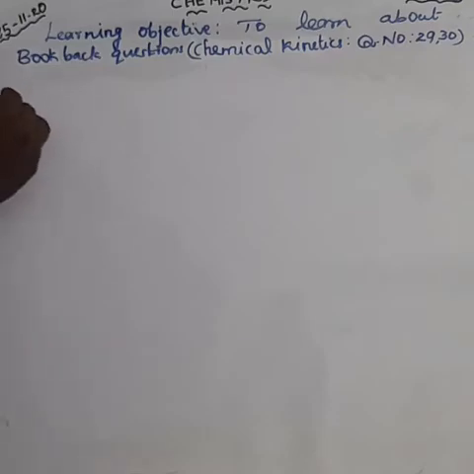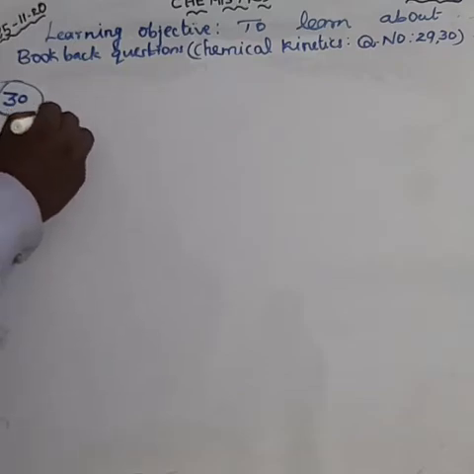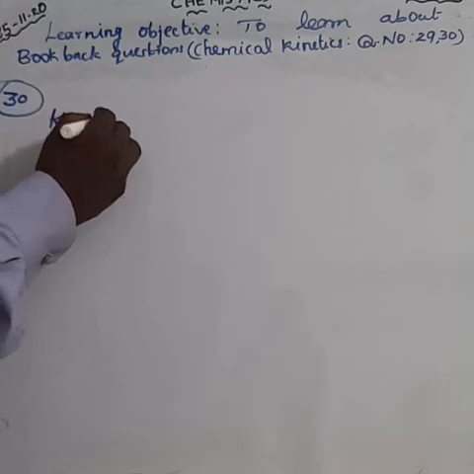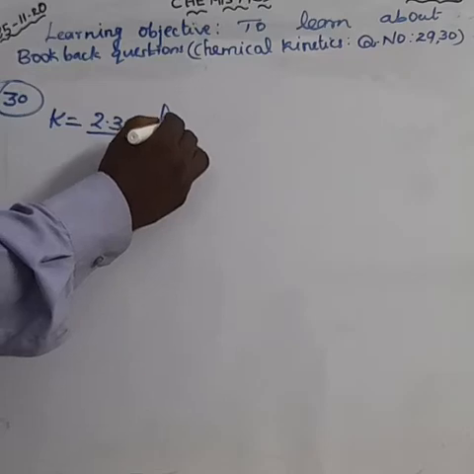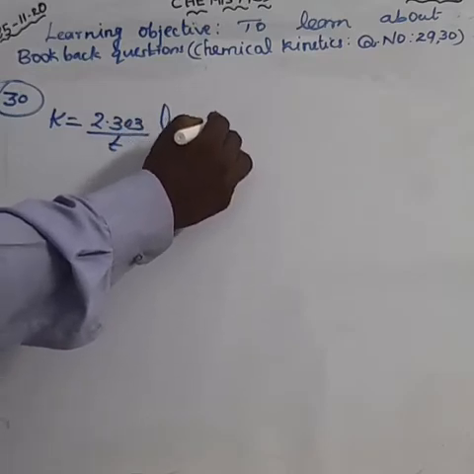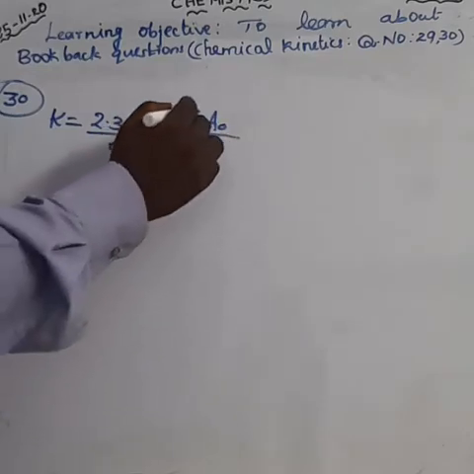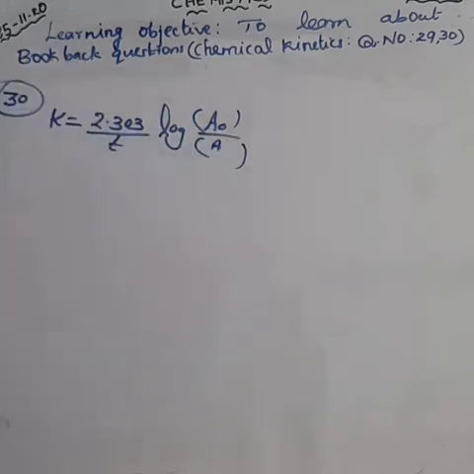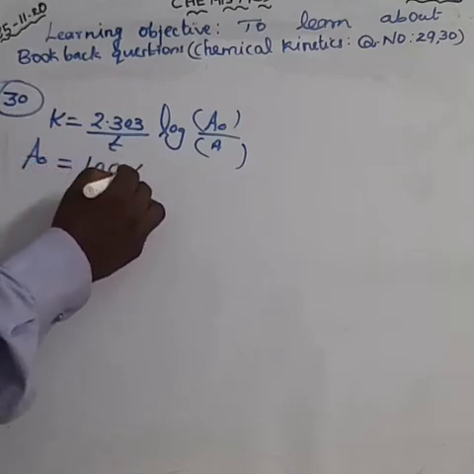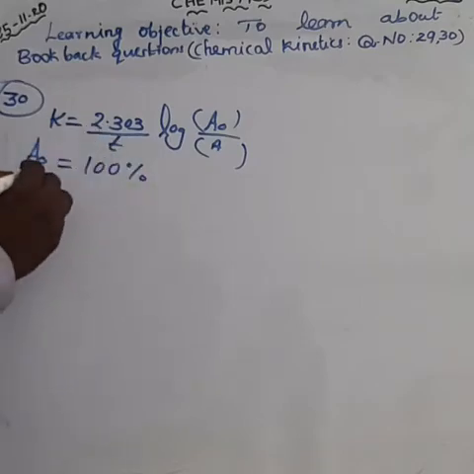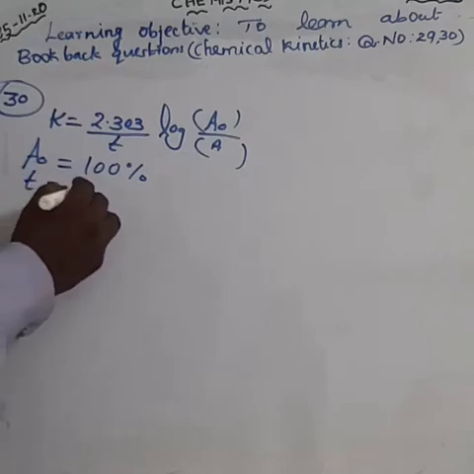Problem 30. The formula is K equals 2.303 divided by T log A naught by A. In question number 30, A naught is equal to 100%, time T is equal to 50 minutes.